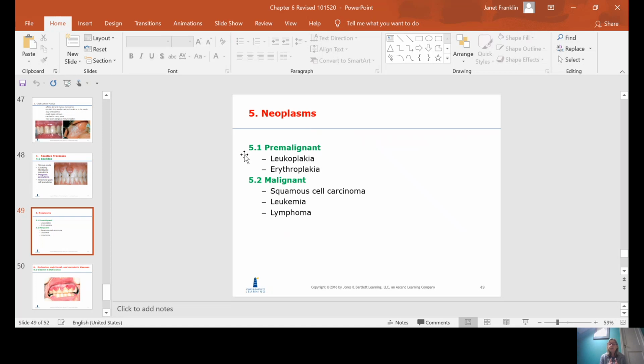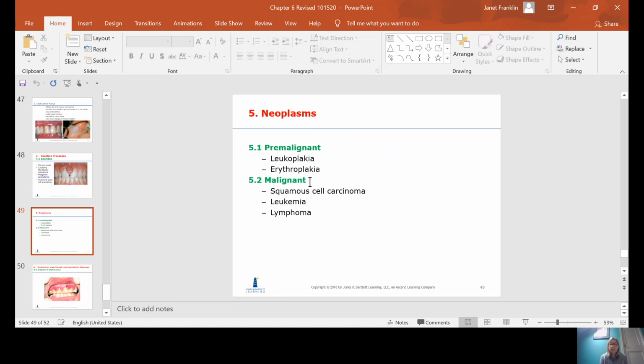It's kind of a generic name for a change in the tissue. It can lead to cancer because it's a pre-malignant state. That's the point where we want to do really, really effective discussions with patients to try and work with them on stopping their habit.